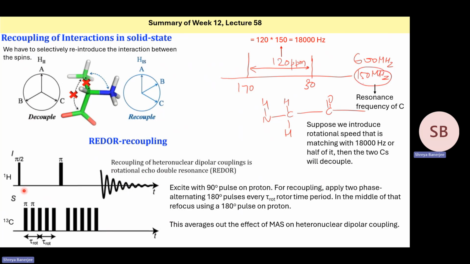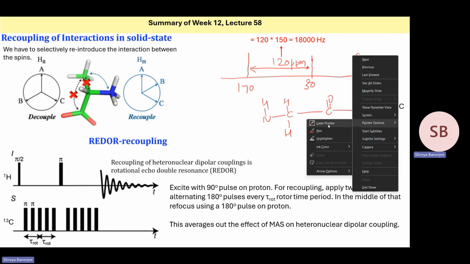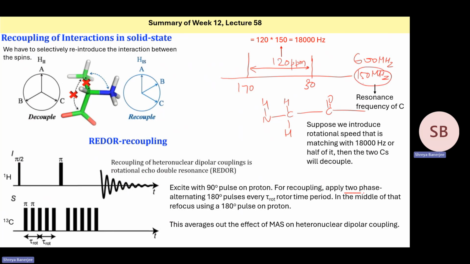So first, the proton is excited with a 90-degree pulse. Then, this is the recoupling sequence. We apply what is called a two-phase alternating 180-degree pulse every tau rotational rotor time period. So there is a time period called tau rotational.